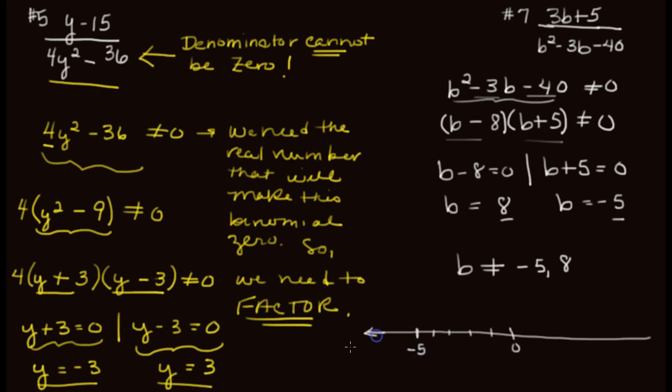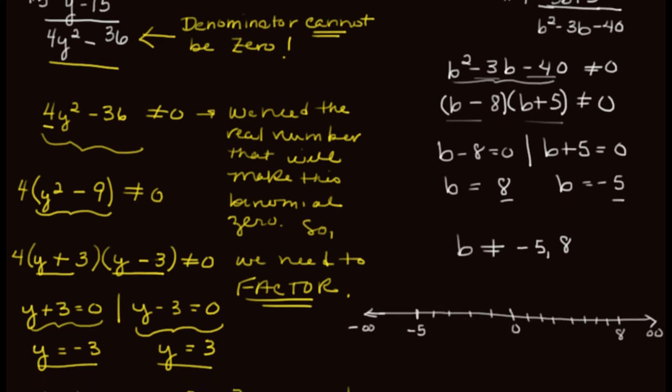Now this is going to be out to negative infinity. And we've got 1, 2, 3, 4, 5, 6, 7, 8 here. And this is going to be out to positive infinity. So let's go ahead and figure out what our domain's going to be here. So b cannot be negative 5, can't be positive 8.